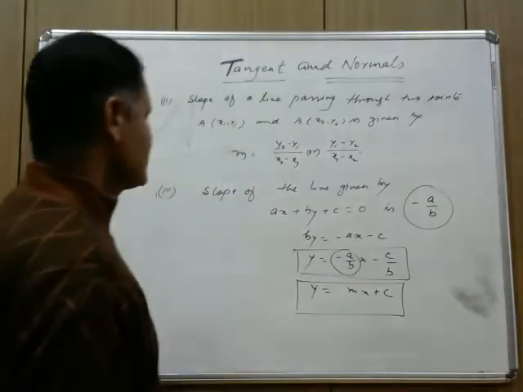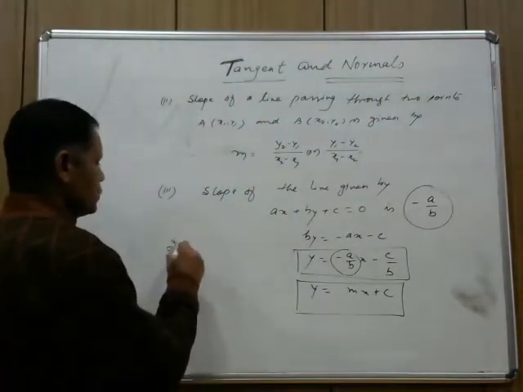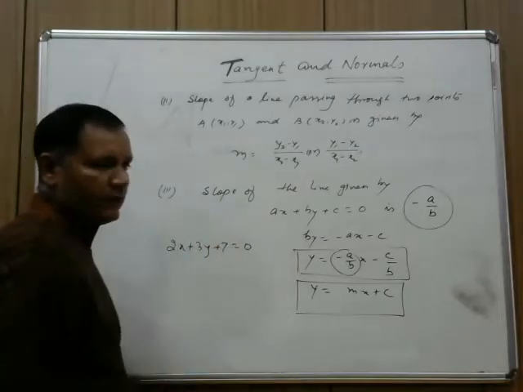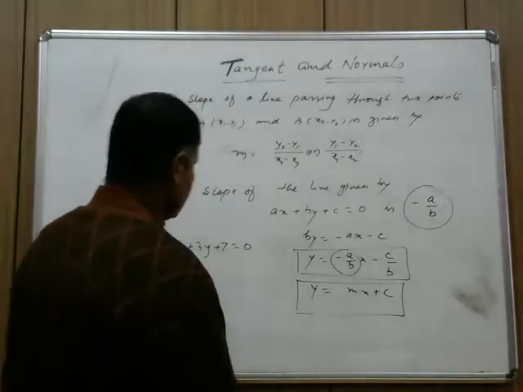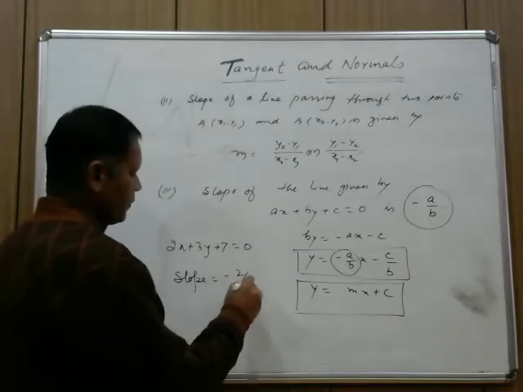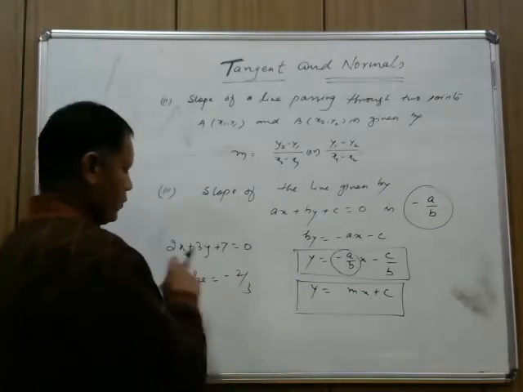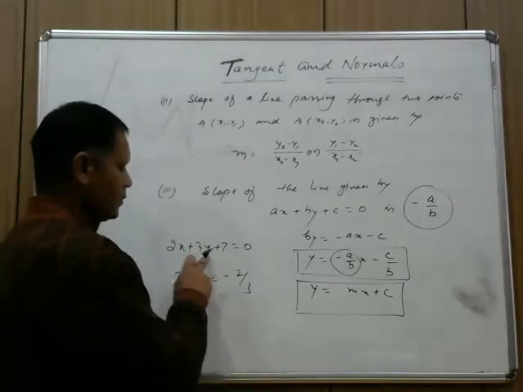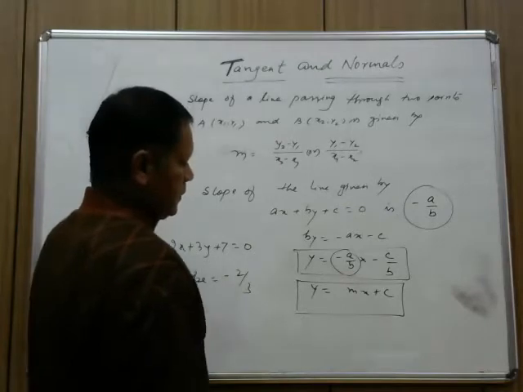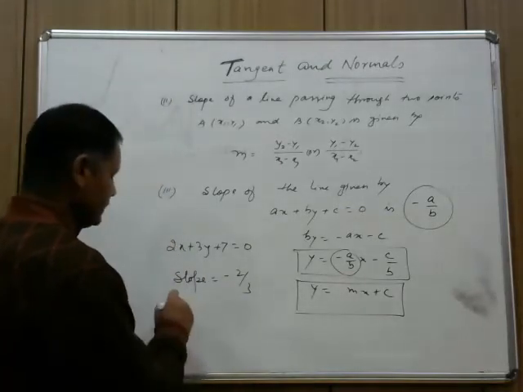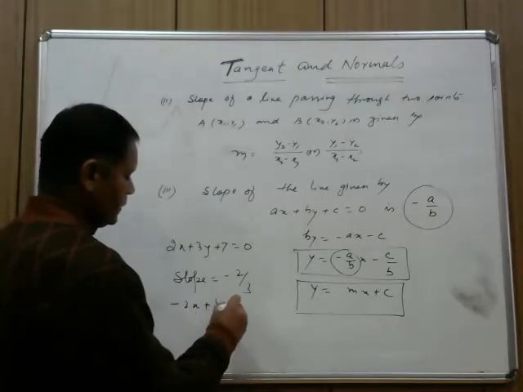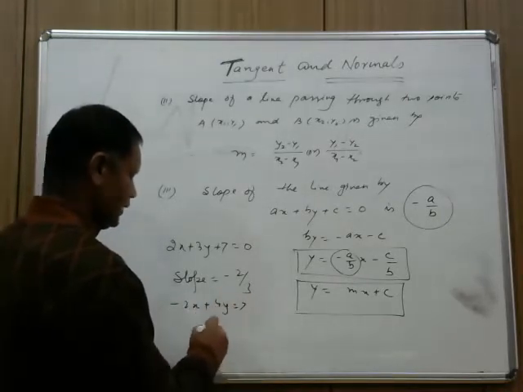It means if I simply write the equation, suppose 2x plus 3y plus 7 equal to 0, and if I ask you what is the slope of this line, then simply we will say minus 2 upon 3. Coefficient of x upon coefficient of y, right? So now if I write here minus 2x plus 4y is equal to 7, what is the slope of this line?